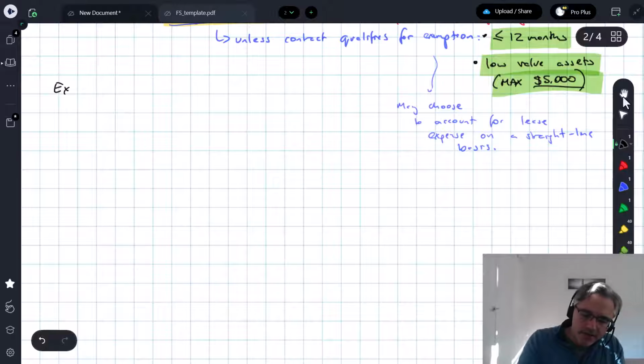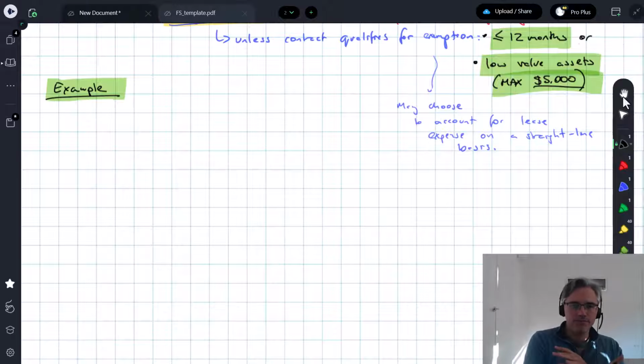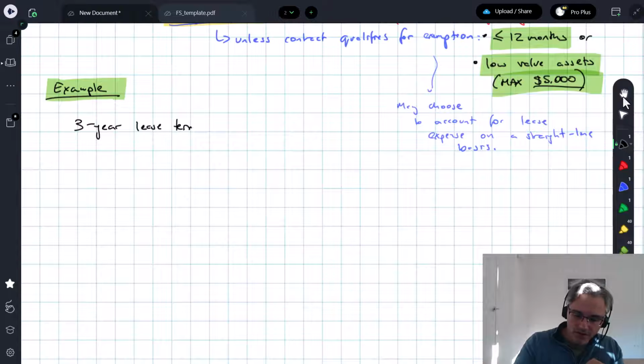Because here is an example that I'm going to use throughout the remainder of this video. It's a numerical example, and I'm going to show you the application of the rules under IFRS, under US GAAP, using this simple example. It's going to be a hypothetical 3-year lease for some asset. So this is the lease term. And let's say we're leasing, I don't know, a piece of machinery, whatever, it doesn't really matter at all.